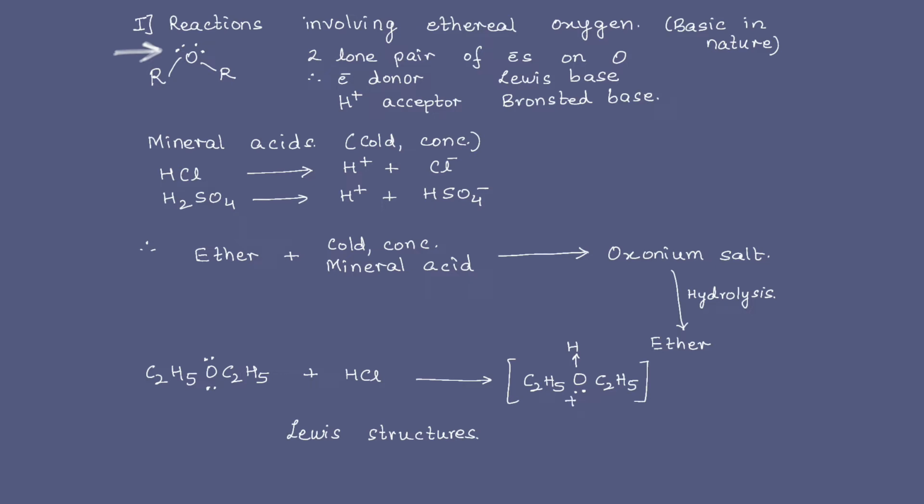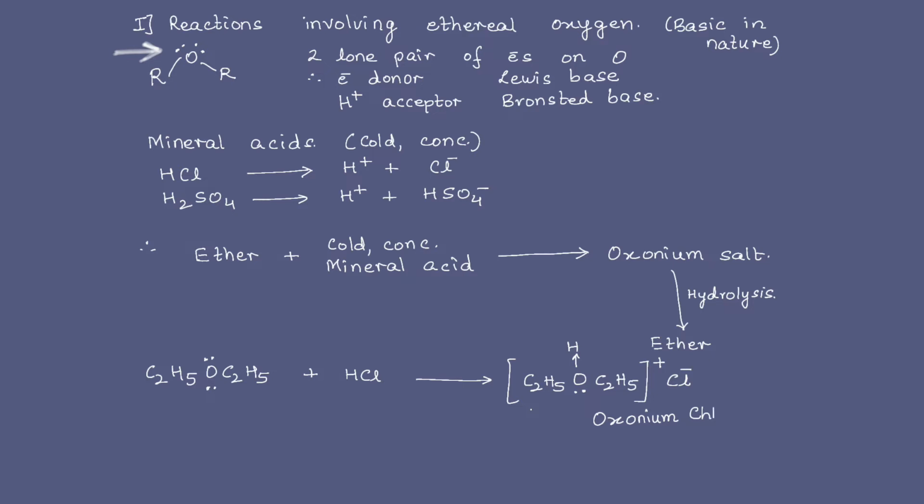It's a positive charge. Now this positive charge, because I've written a bracket, I'll put this positive charge outside the bracket. That means this is a charge carried by the entire ion, balanced by the negative charge of the chloride ion. In other words, what have we got over here? This is what we call an oxonium salt.